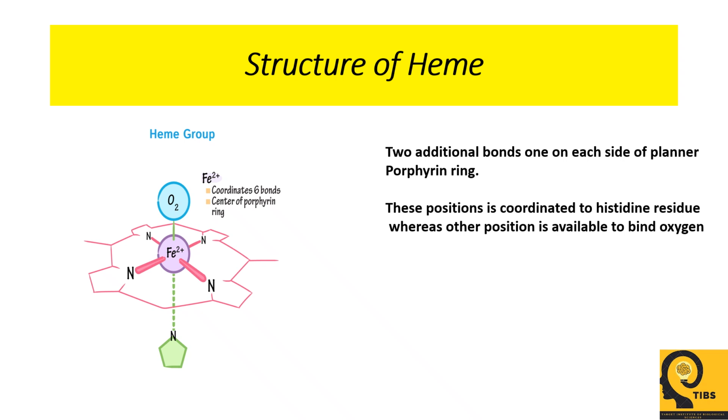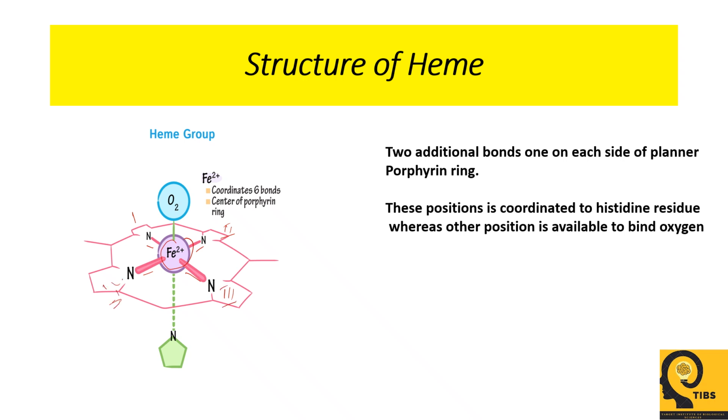Here is the three-dimensional structure of the heme group. As you can see, the iron is present in the center and has four bonds to the four pyrrole rings: pyrrole ring number 1, 2, 3, and 4.